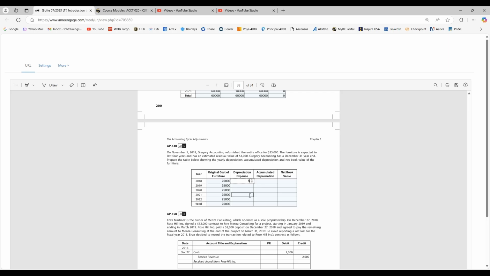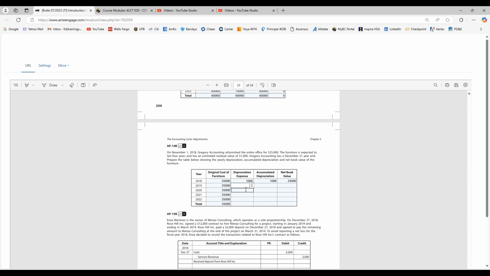If we take 2 of those in the first year, because we have 2 months, we end up with $1,000. We take the cost minus accumulated depreciation, which gets us 24,000. All right, and that was for 2 months, and so it's 500 a month.